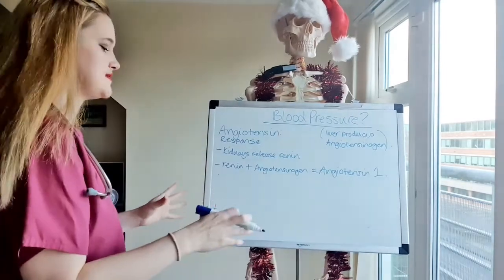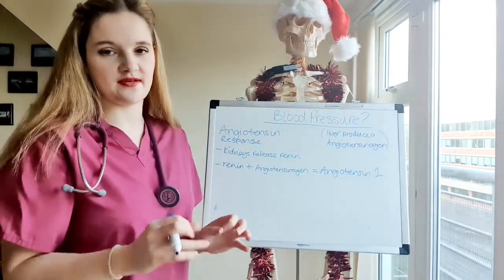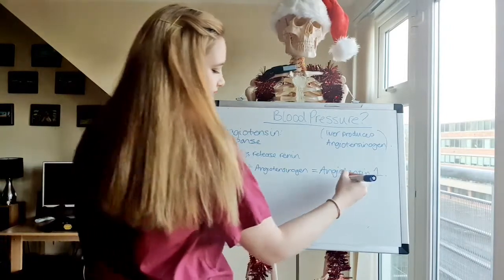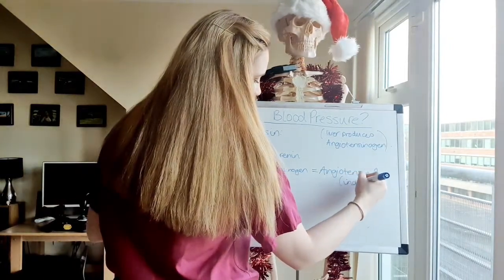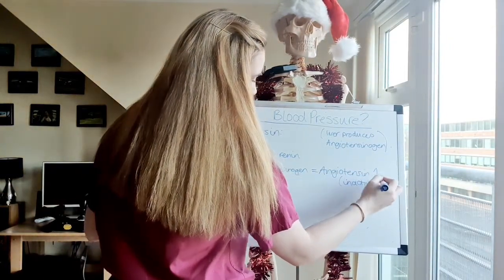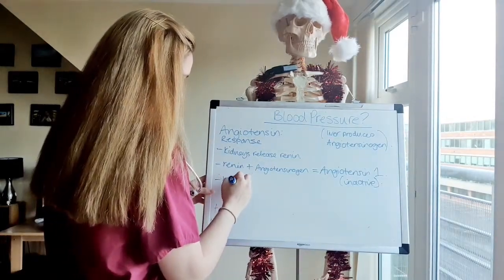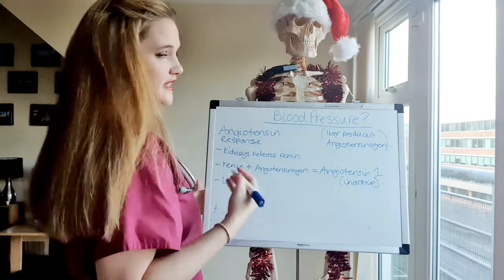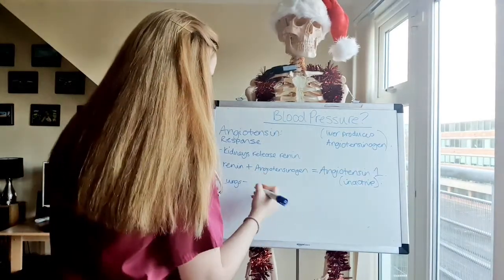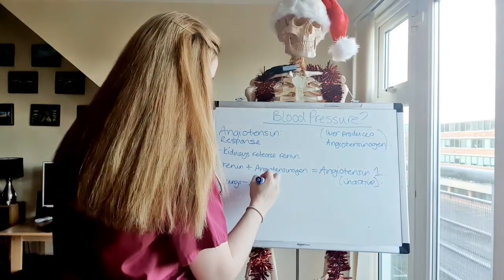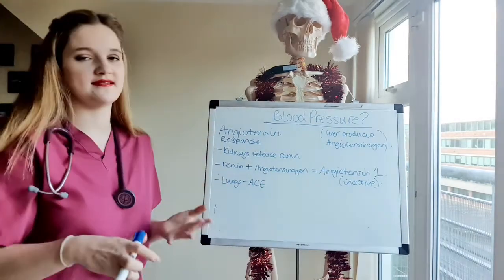Okay, now angiotensin 1 is inactive until it gets to a certain point. So this is inactive until it gets to the lungs. Now when angiotensin 1 gets to the lungs, it's converted into angiotensin 2. It does that via something called ACE, which is the angiotensin converting enzyme.